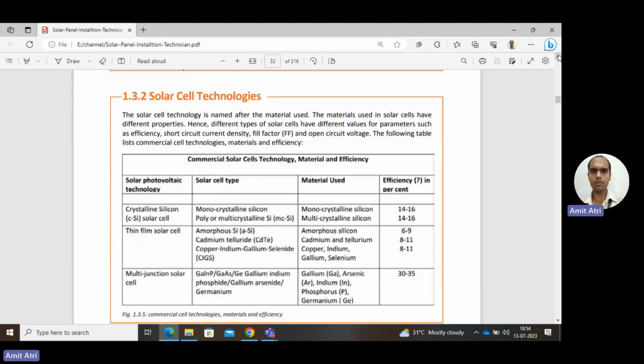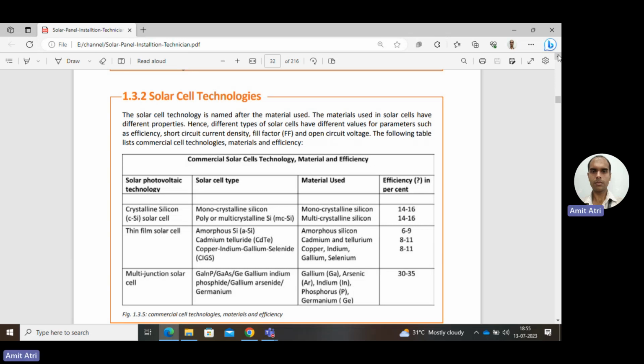Now coming to solar cell technologies. The name of the technology is the name of the material which is used for manufacturing the solar cell. Different types of materials have different properties.